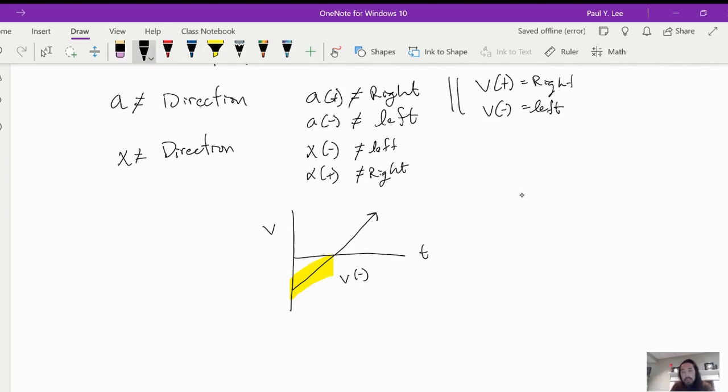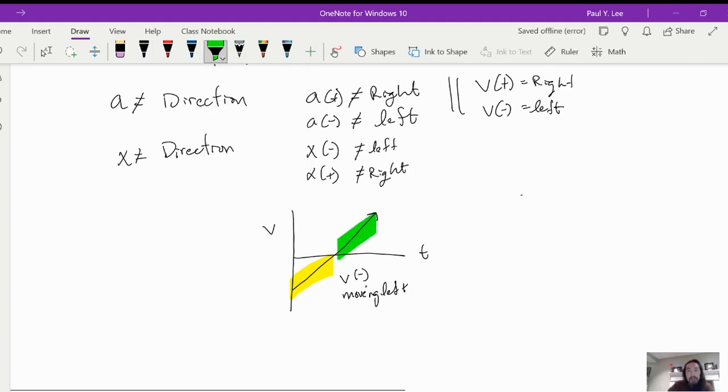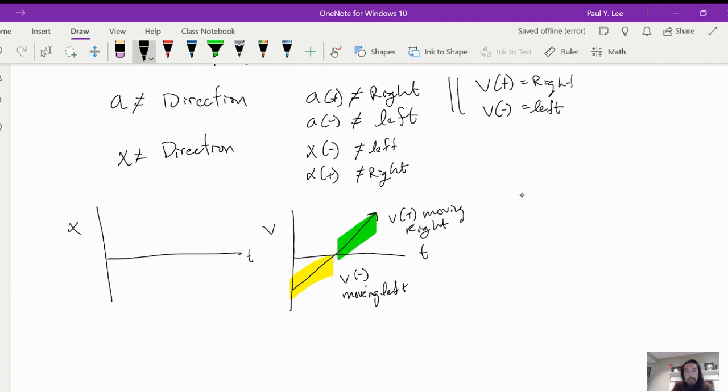So what this shows us down here is that we are moving, I'm going to just say left. But up here, you'll notice that we have a positive velocity. So what this tells us is that we are moving to the right.